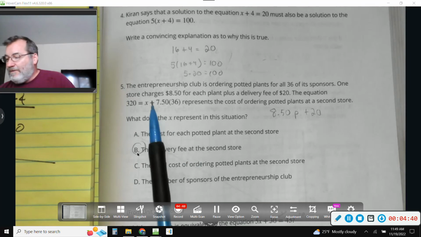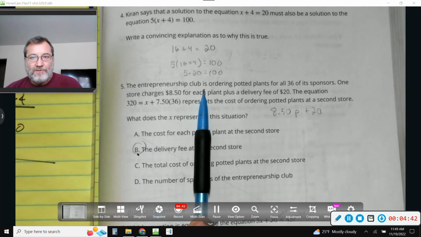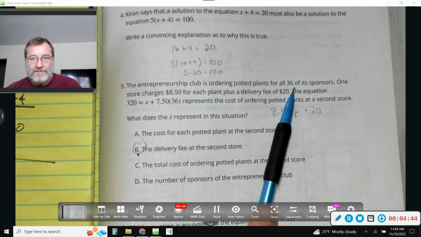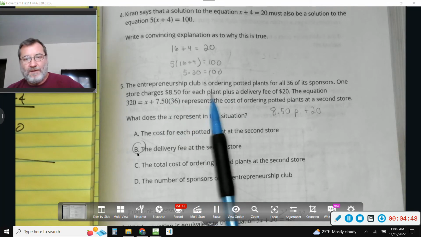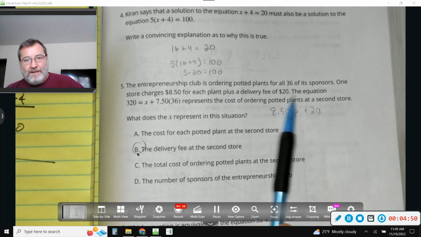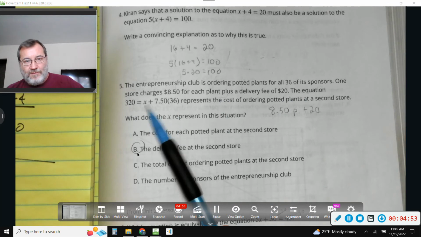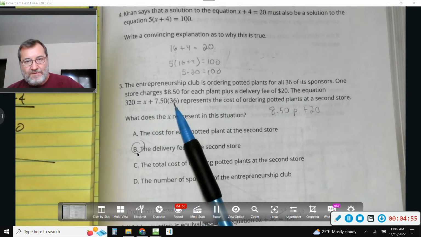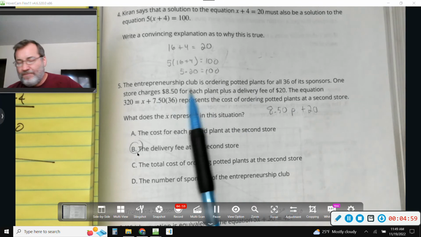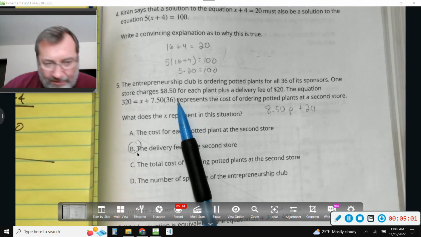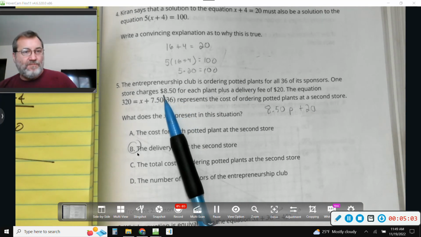Number 5: the Entrepreneurship Club is ordering potted plants from all 36 of its sponsors. One store charges $8.50 for each plant, plus a delivery fee of $20. The equation 320 equals x plus 750 times 36 represents the cost of ordering from a second store. This one isn't really written for understanding. You basically have two places to get the plants.